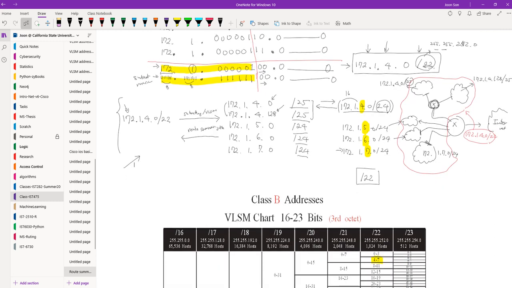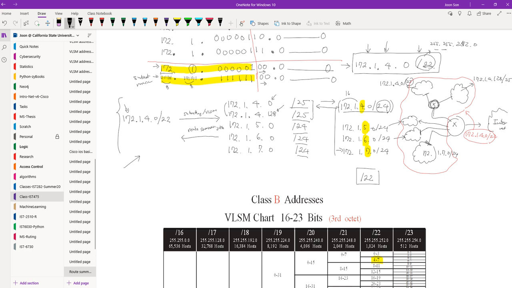Okay. And another thing is, there's a third way, right? Again, you don't have to use this. You know that the interesting octet is 4, 5, 6, 7, right?